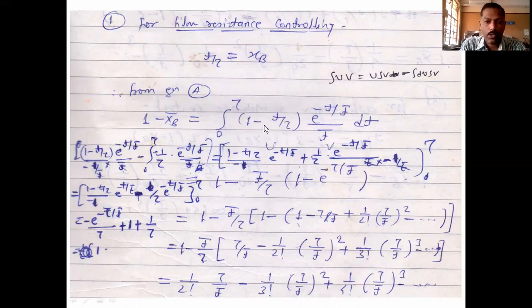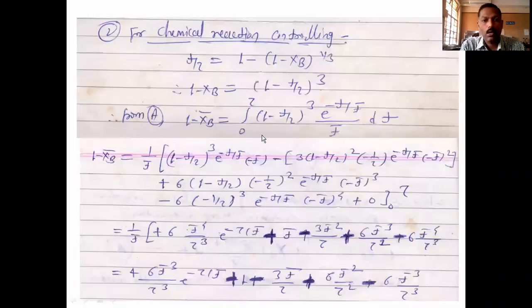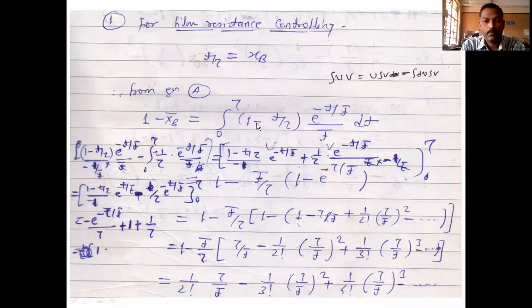Solve this equation using integration by parts: the integral of U into V is U times the integral of V minus the integral of dU times the integral of V. Apply this equation here, then multiply the bracket, separate it, and apply the integration of UV. Then we form an equation like this.